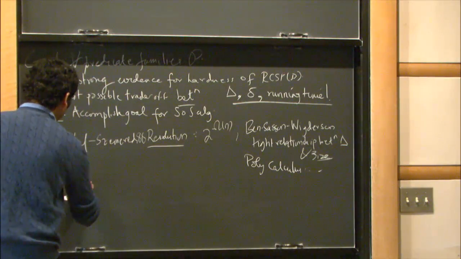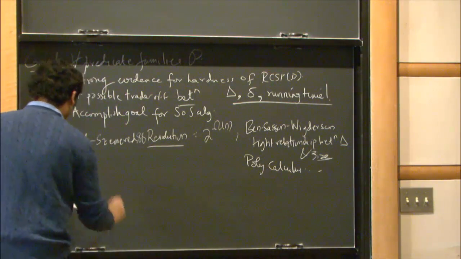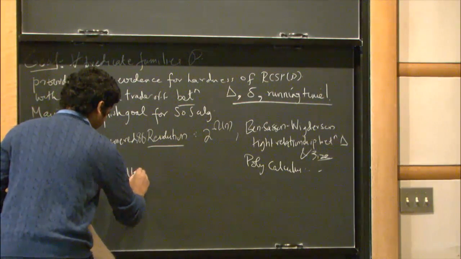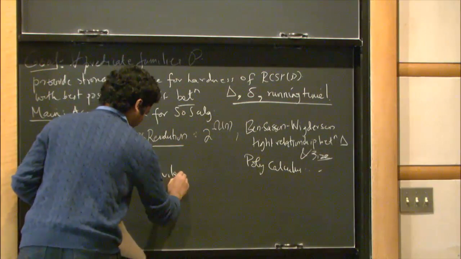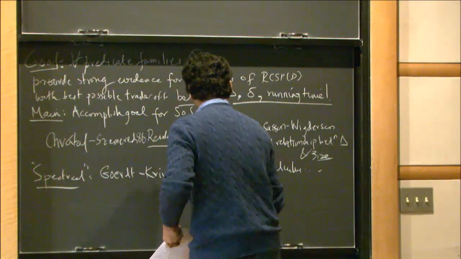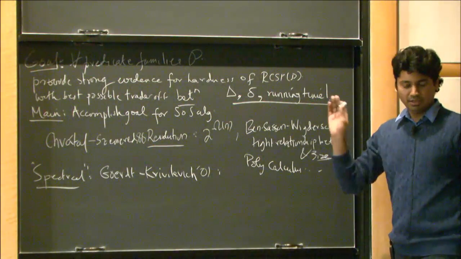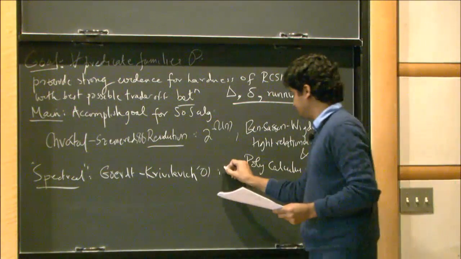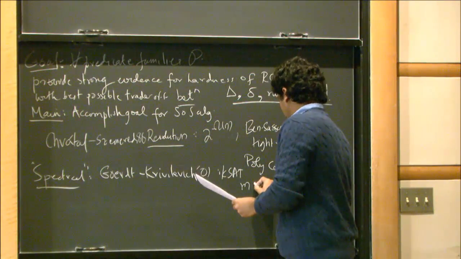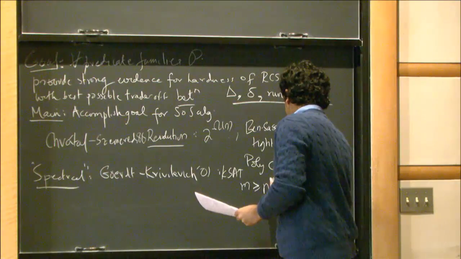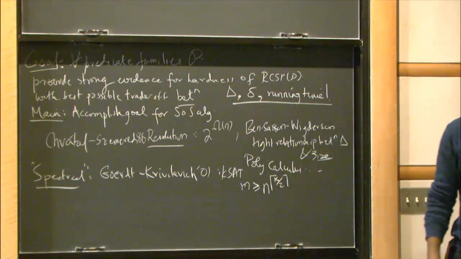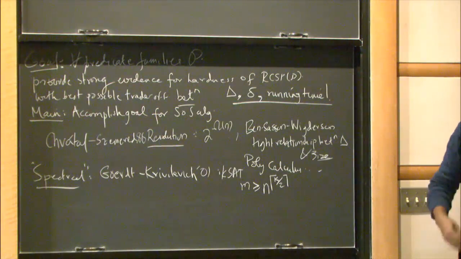This was first done by Goerdt and Krivelevich in 2001, and basically they showed that for k-CSP, for k-SAT, m larger than n to the ceiling of k over 2 is enough. Okay, so this was an upper bound.